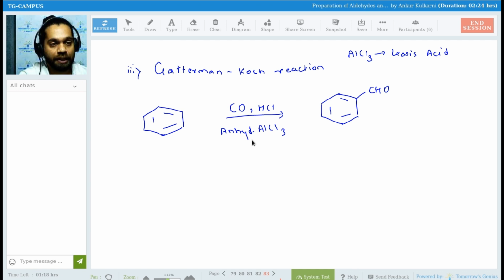Lewis acid is something that takes the electron. Sarjana, remember, it is an electron pair acceptor, correct.